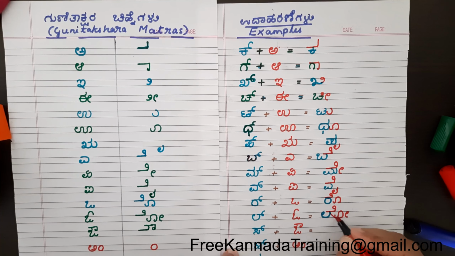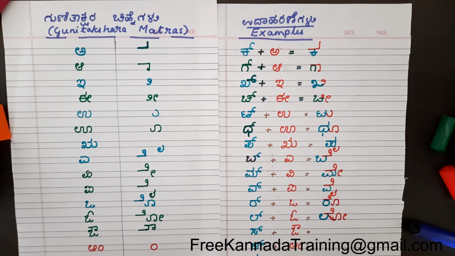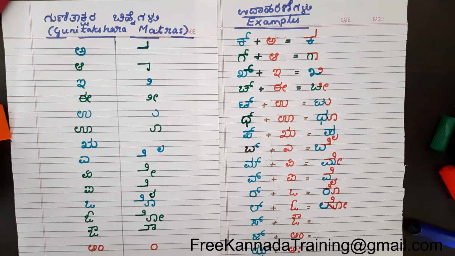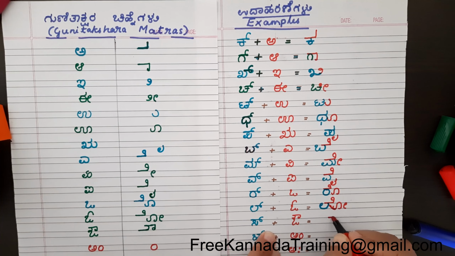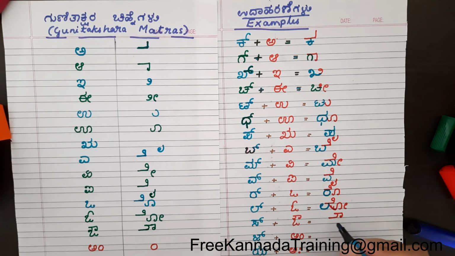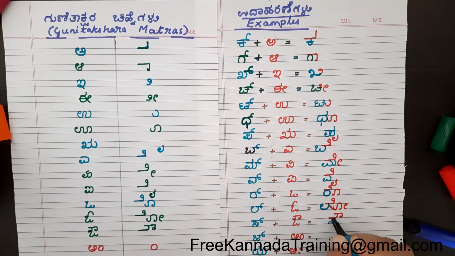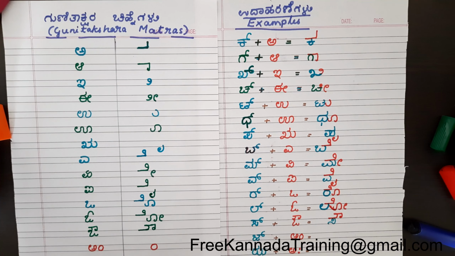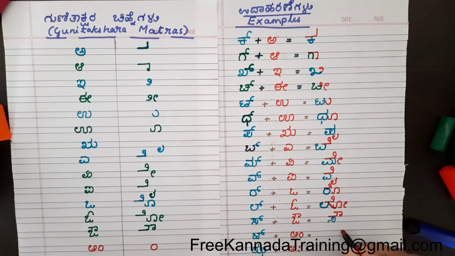It has to touch neatly. Sa plus au, the Gunitaakshara matra for au is this one, and replace here with sa. It becomes sau. J plus am equal to jam.